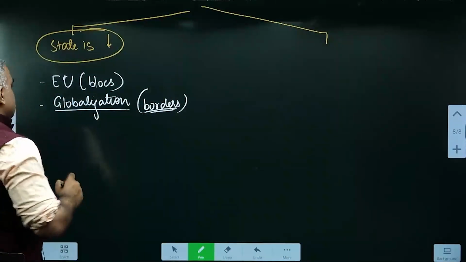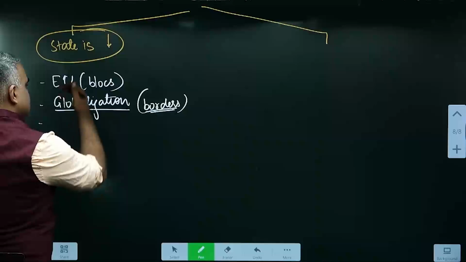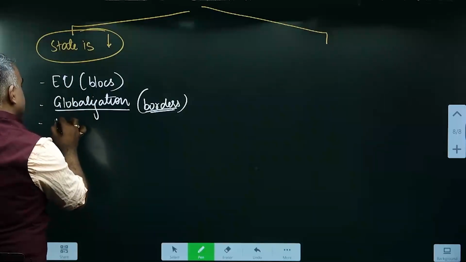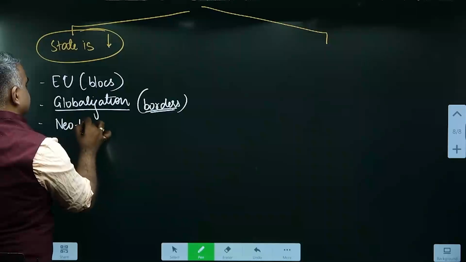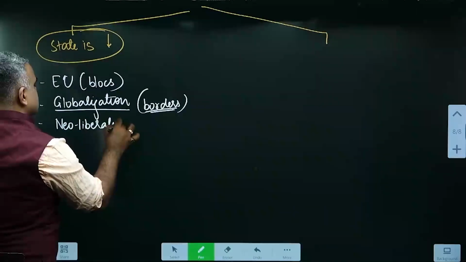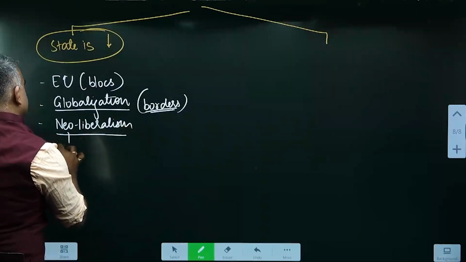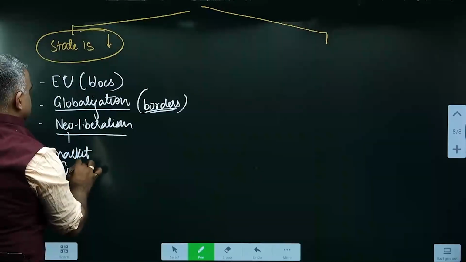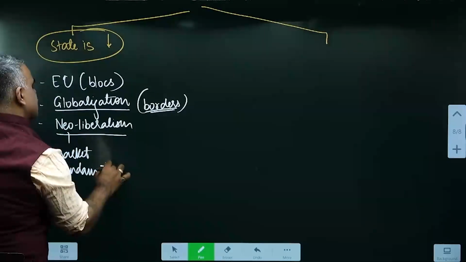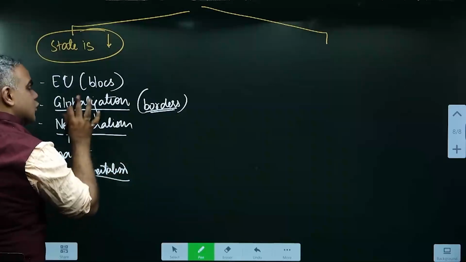So there is globalization, okay? Then there is the EU, there is globalization, and then we also see the rise of, let's say, neoliberalism, wherein you see the rise of market fundamentalism. This will again say roll back the state. The state should not be that prominent.